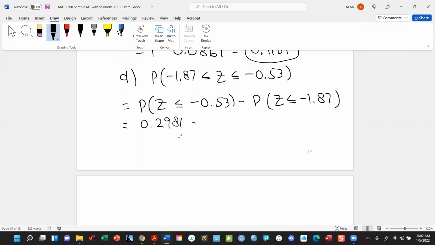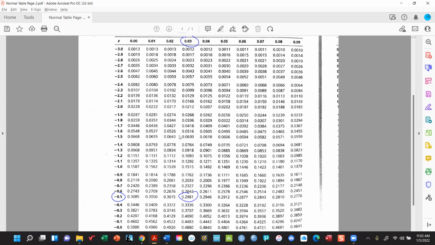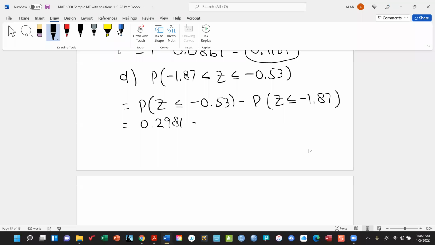And negative 1.87 is 0.0307. All right. 0.2981, 0.0307. The difference is 0.2674. And that's our final answer.